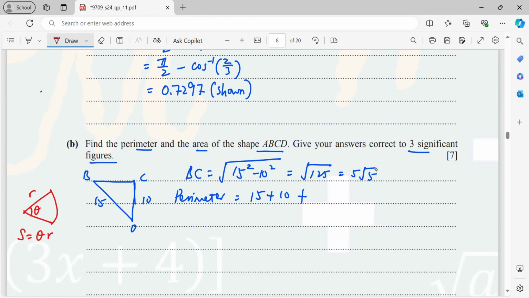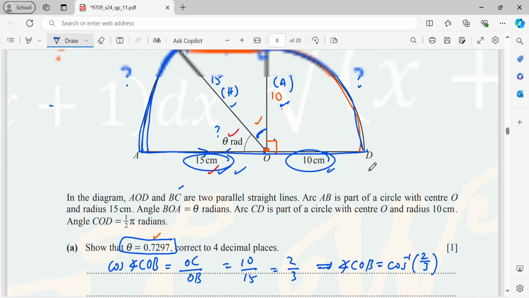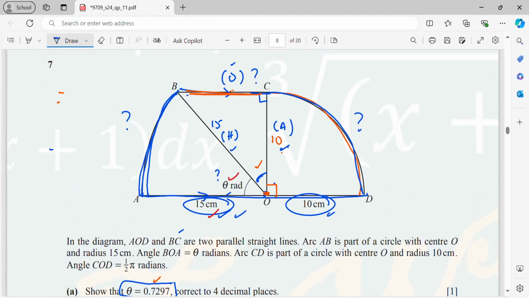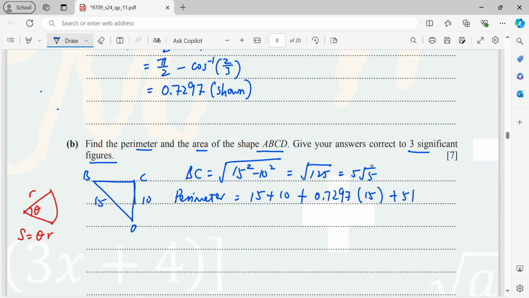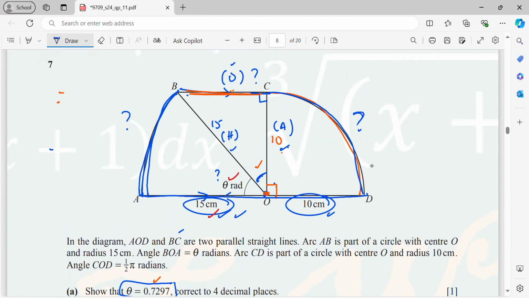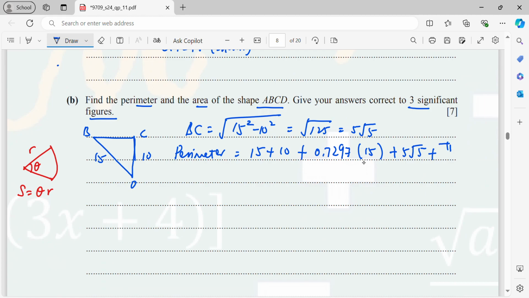My theta was already found in the previous part, so you will get 0.7297 times 15. That is my arc length. Then BC, that is 5 square root 5, plus the arc length of CD. For arc length of CD, the theta is pi over 2 and the r is 10. So pi over 2 times 10. That means here you will get 62.8. That is the perimeter. And now area.